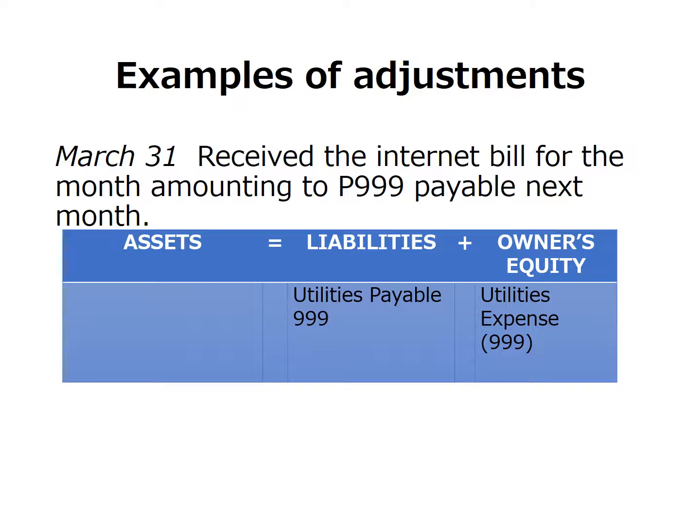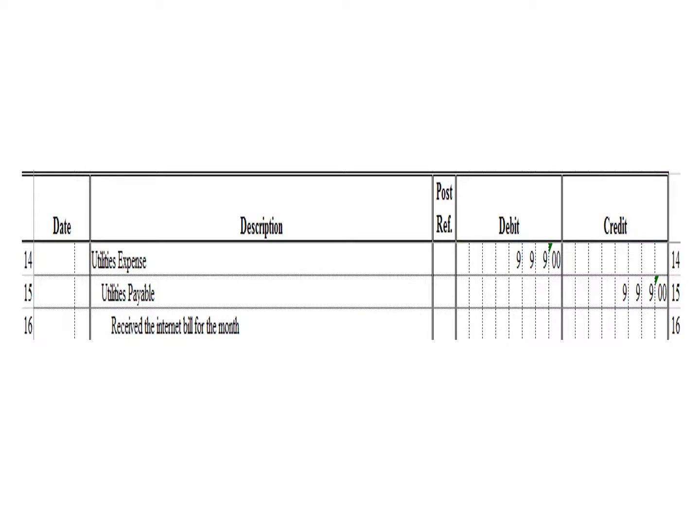Again, utilities payable increased 999 pesos, and utilities expense increased 999 pesos with a corresponding decrease to owner's equity. To journalize the transaction, we debit utilities expense 999 pesos, because utilities expense increased.